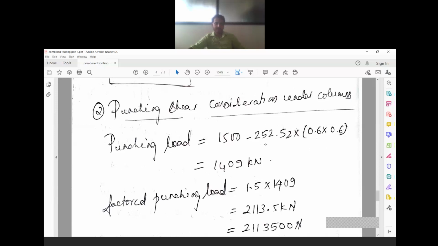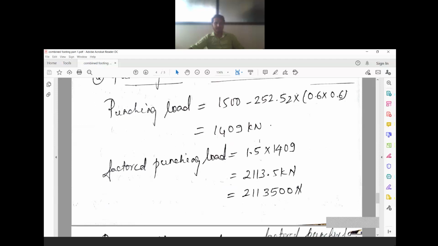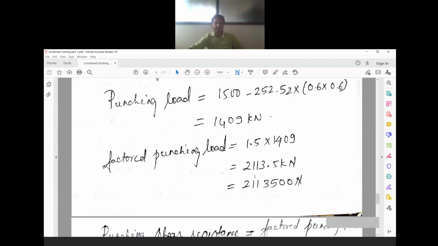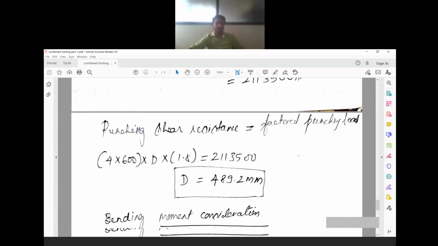So intensity of upward pressure 252.52 into dimension of column B, which is 0.6 by 0.6, so it is 1409 kilonewton. Into 1.5, 2113.5 kilonewton. But the design punching shear stress is in 1.8 Newton per mm square, so convert it into Newton, 2113,500 Newton. So punching shear resistance is equal to the factored punching load.